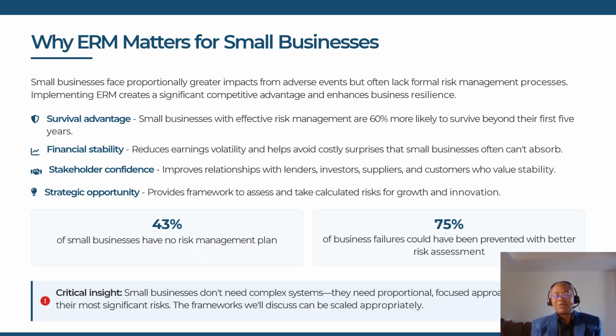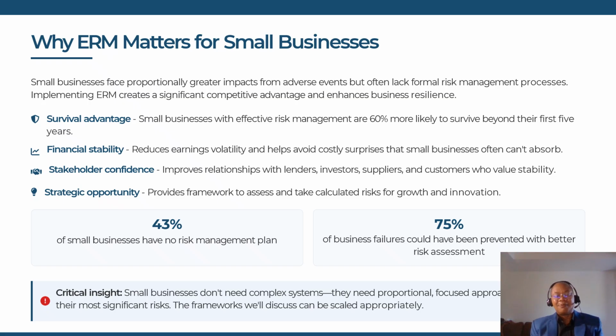Again, we say here that small businesses with effective risk management are 60% more likely to survive beyond their first 5 years, because research indicates that a large amount of small businesses are wiped out in their first 5 years of existence. But with proper risk management, 60% of that number can be salvaged.